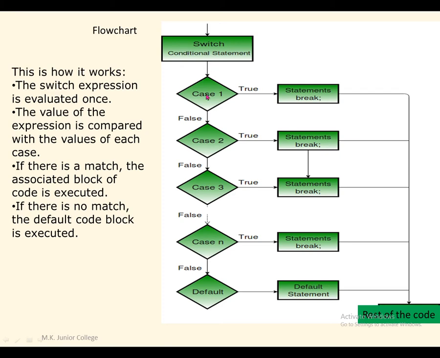Whatever condition, it first checks to the case 1. If the case 1 is satisfied, then it goes over here. But if in one case it's not satisfied, it goes to the second case. Okay. Now the second case gets matched, means what, the answer is true. So from here it is true, that means it goes to this block. It performs all the statements and directly comes out of the loop to the rest of the code, means it will come outside.